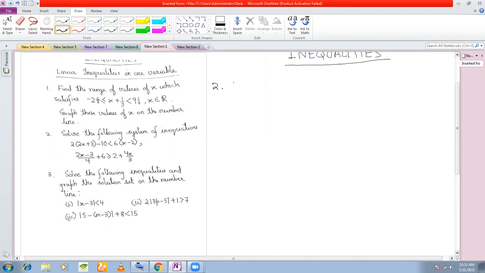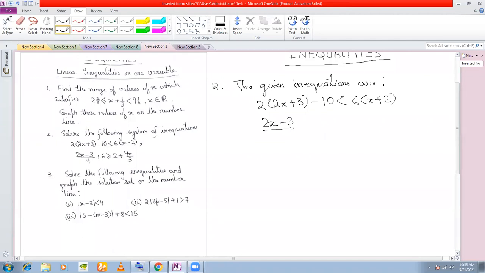So the given inequations are: twice (2x plus 3) minus 10 less than 6 times (x plus 2), and (2x minus 3) by 4 plus 6 greater than or equal to 2 plus 4x by 3.